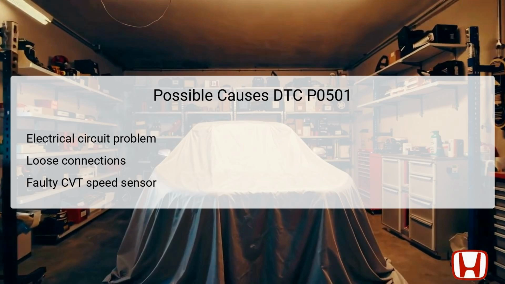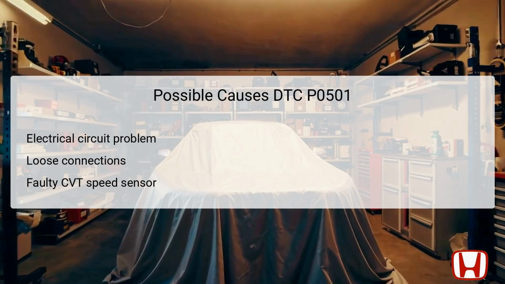This means that the issue lies in the communication between components rather than mechanical failure, which is vital to understand when performing diagnostics. Loose connections between the CVT speed sensor and the TCM can lead to intermittent failures that trigger this DTC.